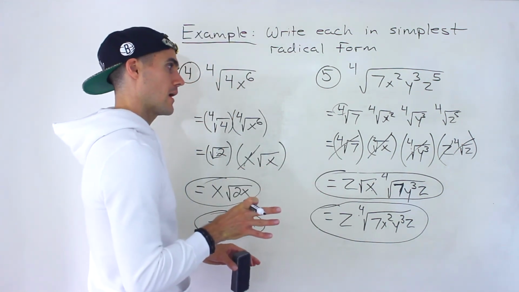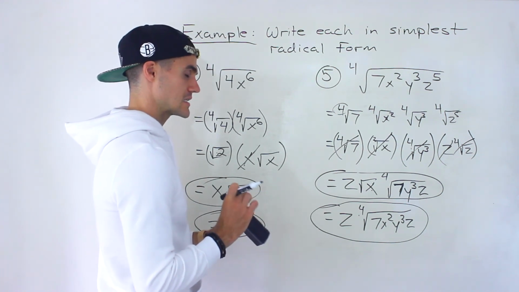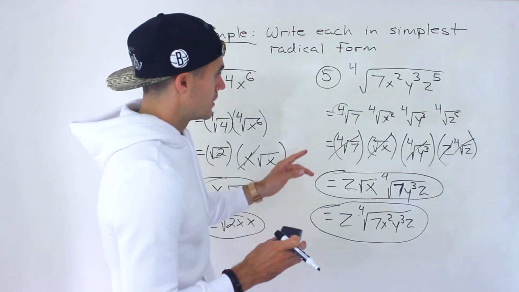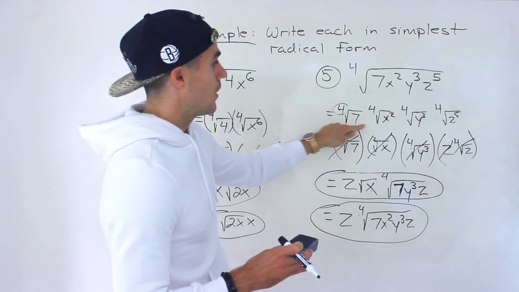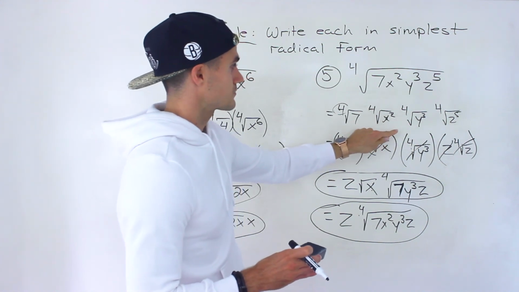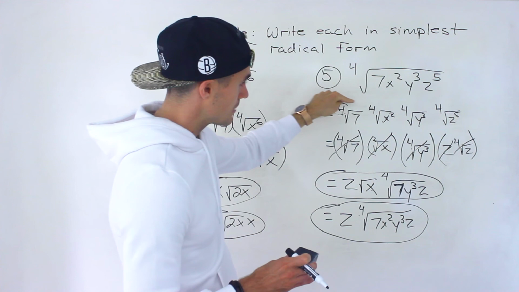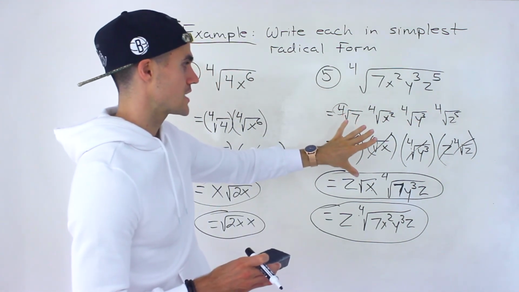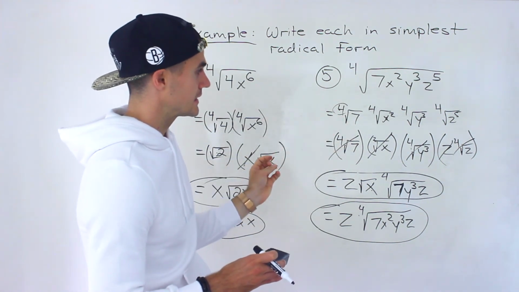Another final format issue that I want to mention is some textbook solutions. This is a number, right? While these are variables. And so even though they share the same fourth root, a lot of times you'll see certain textbook solutions put the number in front. Personally, I think it's kind of weird.